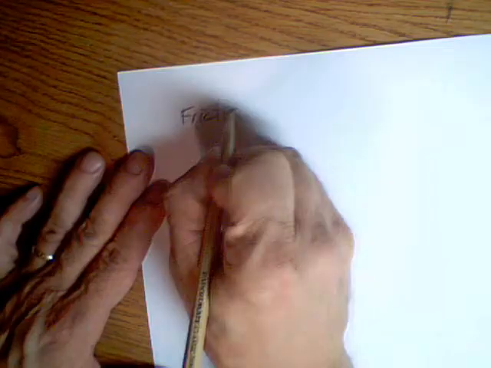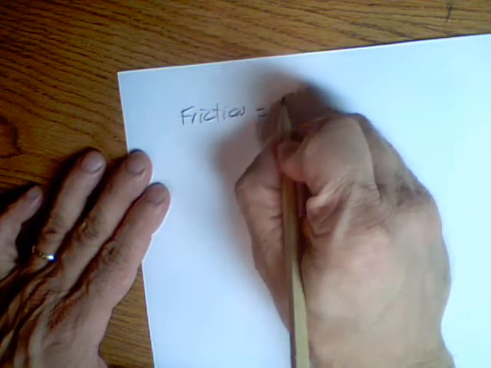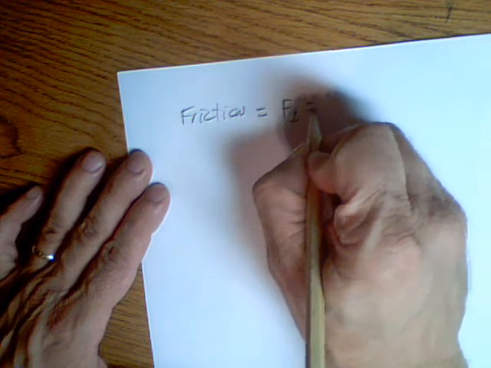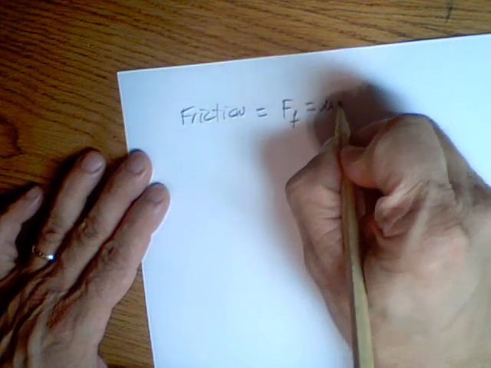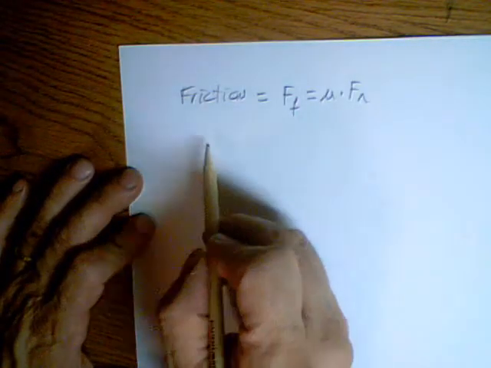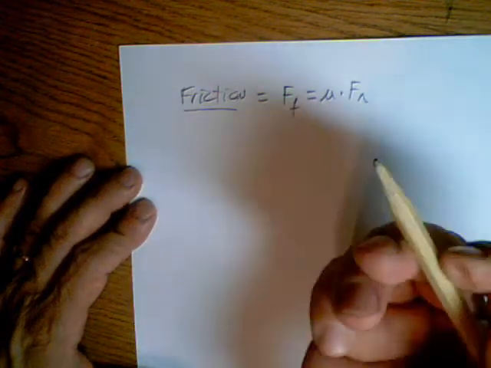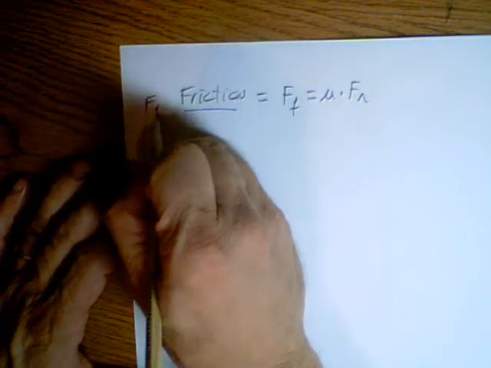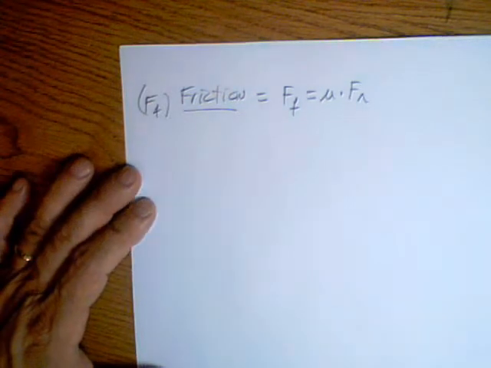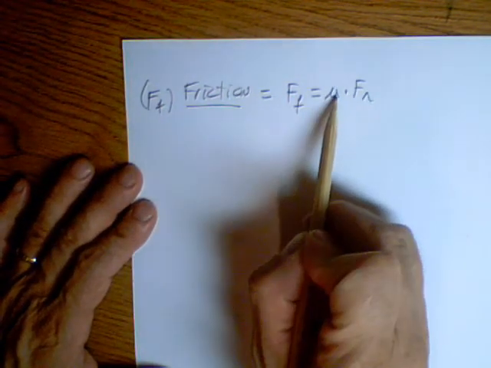So if we know the coefficients, the friction force equals the coefficient of friction times the normal force. That's assuming that we're calculating friction force directly, assuming that we have the coefficient of friction.